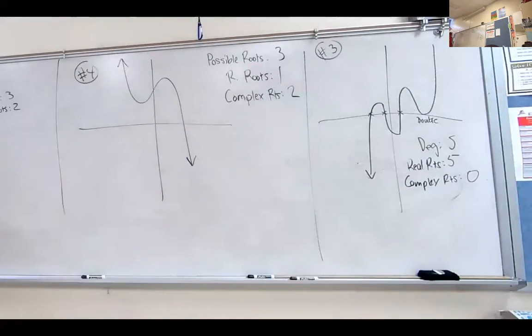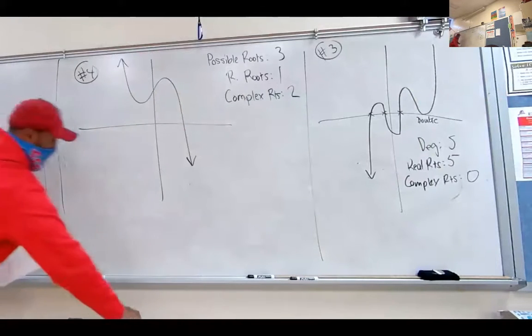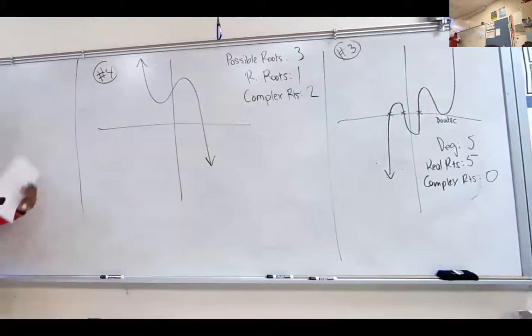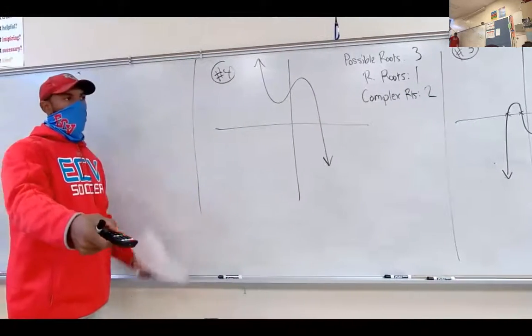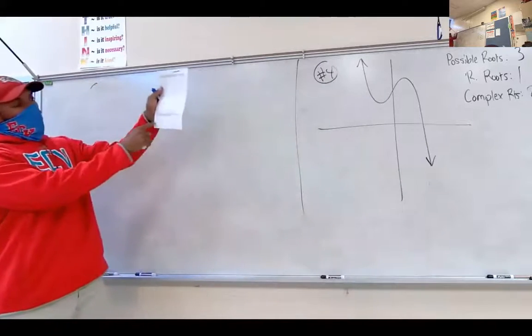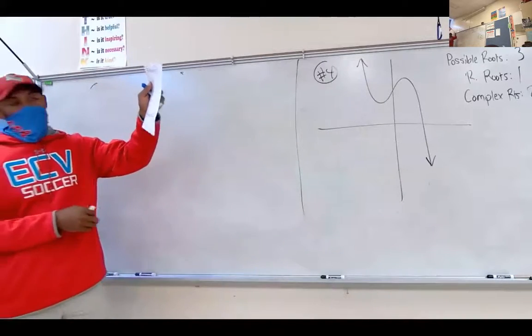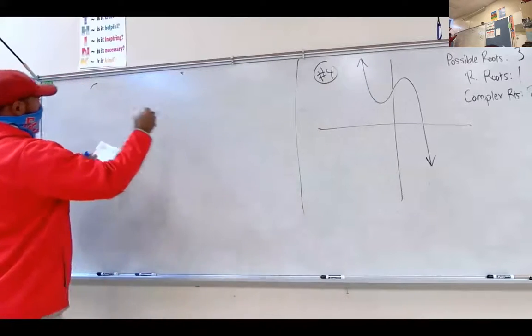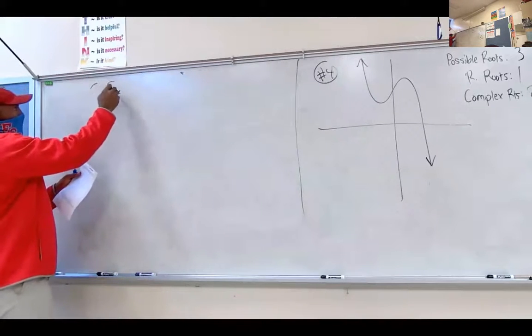All right, so that's looking at a graph. At the bottom, now we just start looking at functions. So that's all we got. There's a little bit of work involved with some of these.